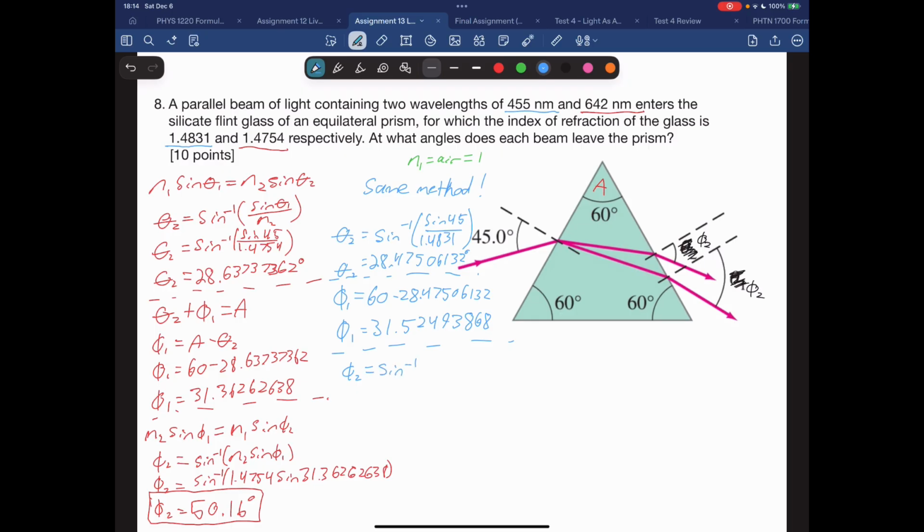I use the arc sine, I use my index of refraction for blue, and I take the sine of 31.52493868. And I get a final answer of 50.85 degrees.